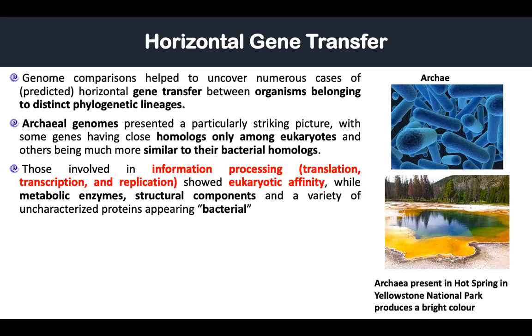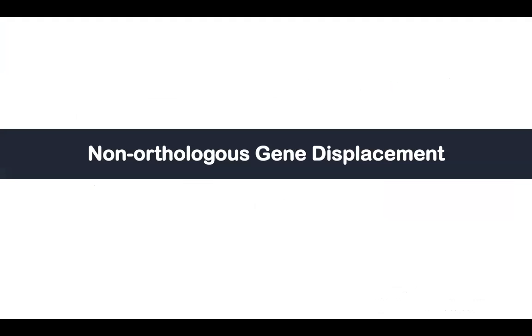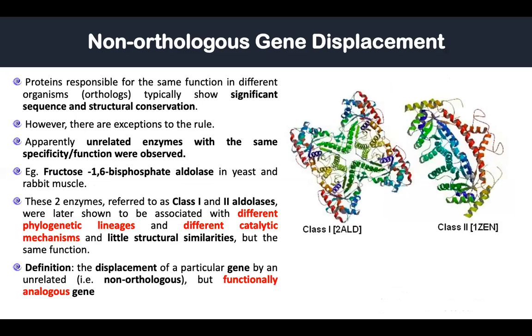The last one is known as non-orthologous gene displacement. This is also another mechanism that contributes to the complex evolutionary scenarios that we see. Proteins responsible for the same function in different organisms usually show significant sequence and structural conservation.